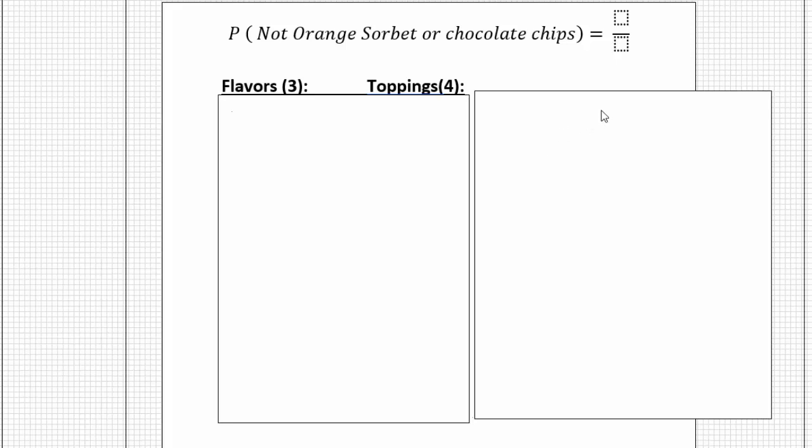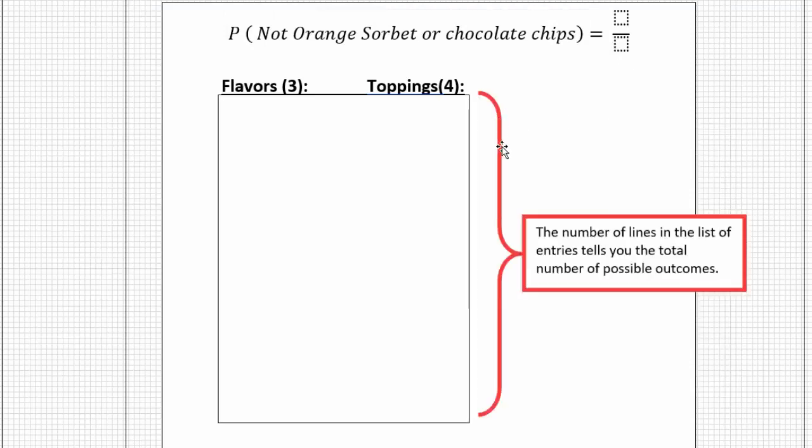And as with the last video, there are some shortcuts to help you figure out your fraction. The one for the list is that the number of entries, the number of lines in your list, once you count them all up, tells you the total possible outcomes, in other words, the total sample space.